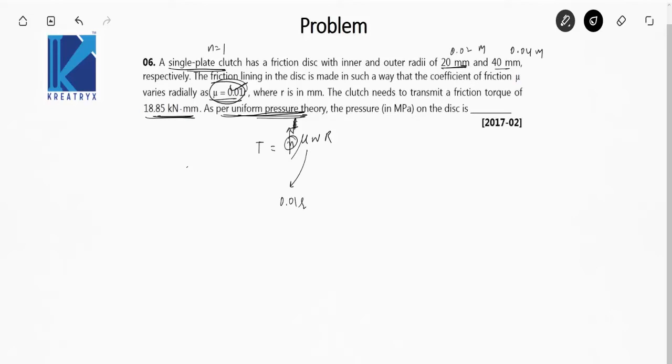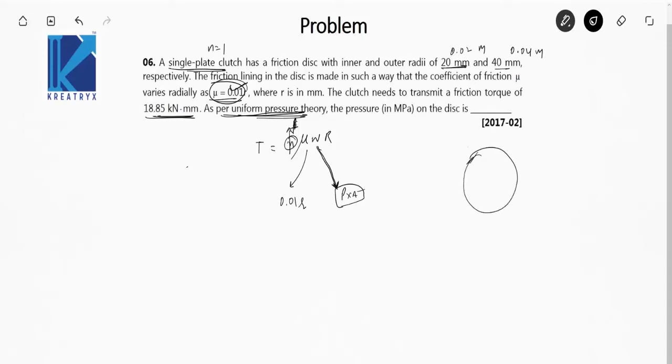And W is the load that can be applied on the friction surface, found from the uniform pressure theory: the load will be equal to pressure into area.